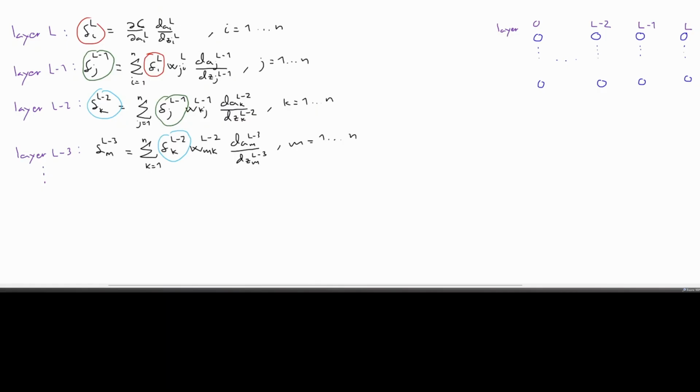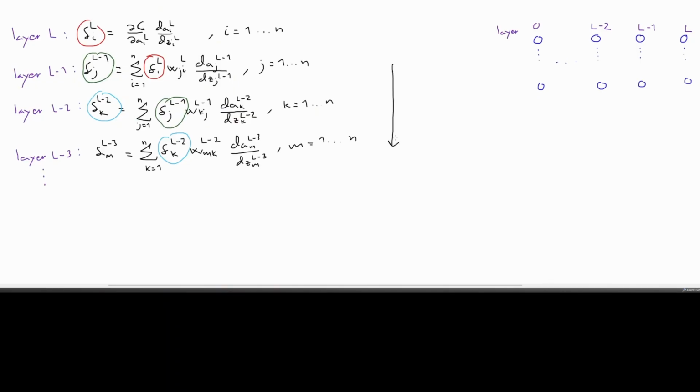Now, if we examine our delta terms, we see that with the exception of the delta term in the output layer, the progression in the delta terms for layers L-1 and L-2 and so on also follows a distinct pattern.